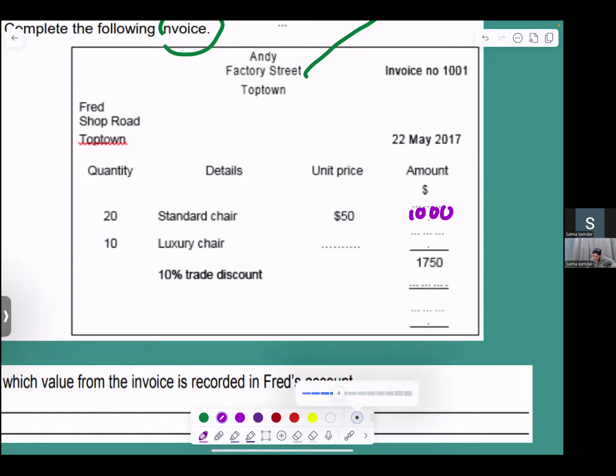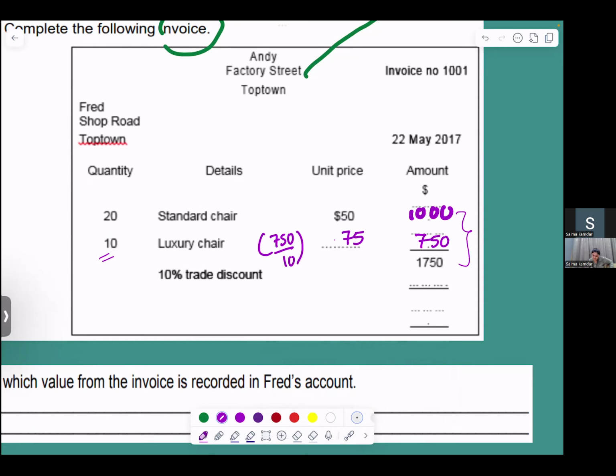The next says, he sold luxury chairs, 10. I do not know the price. But I know the total of these two is 1750. So this is going to be 750. So the unit price would be 750 divided by 10. So it's 75.